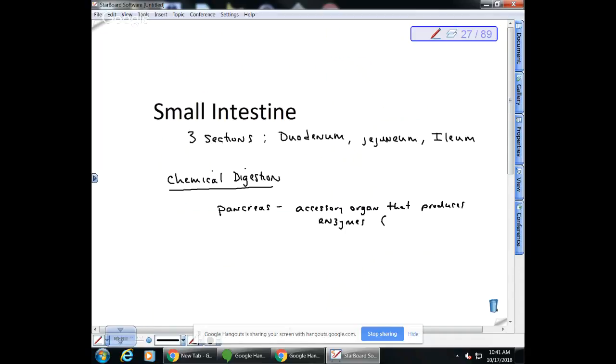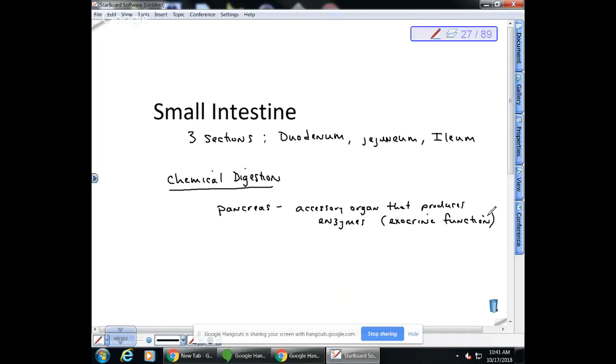And these enzymes are not secreted into the blood. They are transported via a duct. So this would be an exocrine function because exocrine glands have ducts. So you have a pancreatic duct that dumps enzymes into the duodenum.